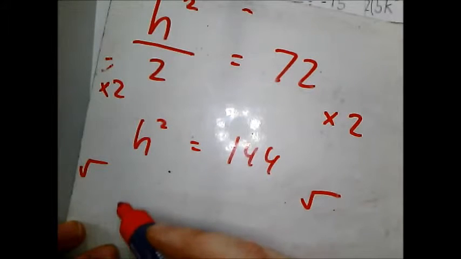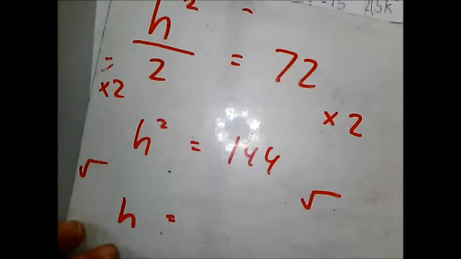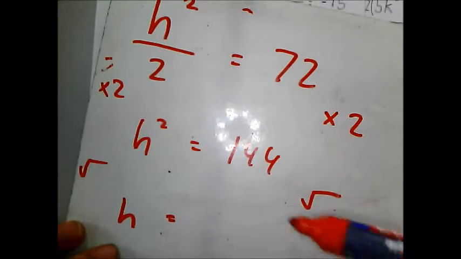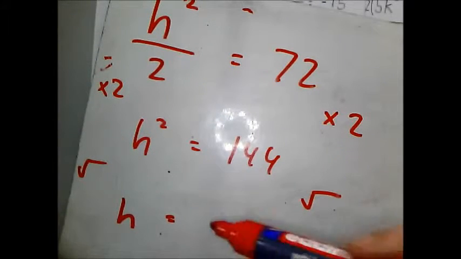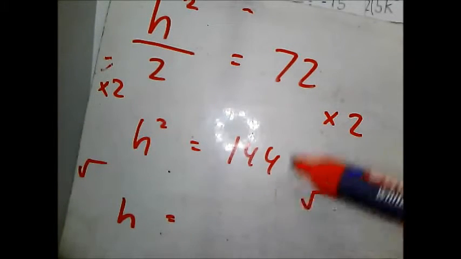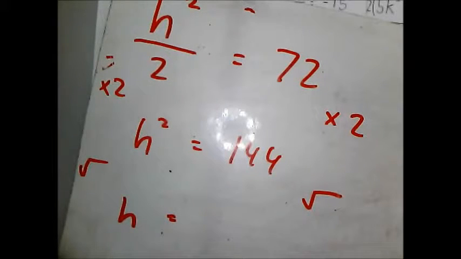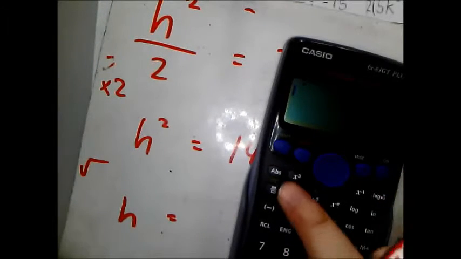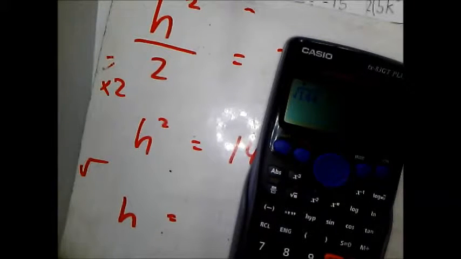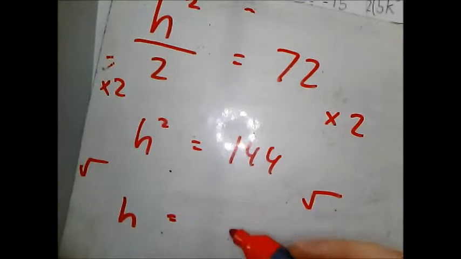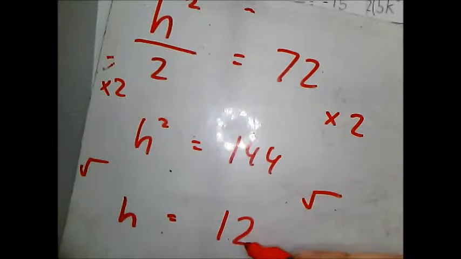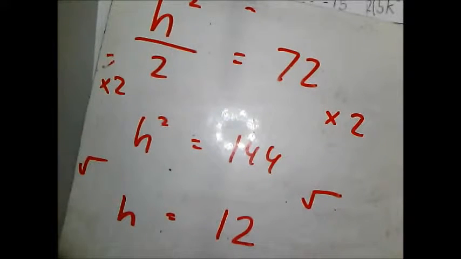And now you can square root both sides, because the opposite of squaring is square rooting. And now you've got two choices here. You either know which number multiplies by itself to give 144, or you can use your calculator and do the square root of 144, and that is 12.